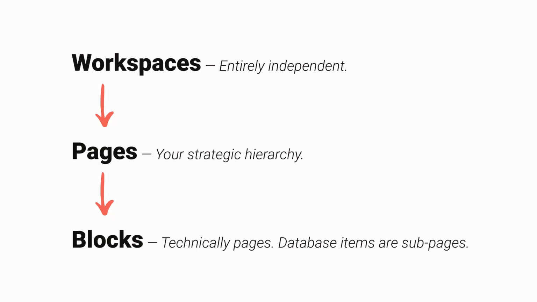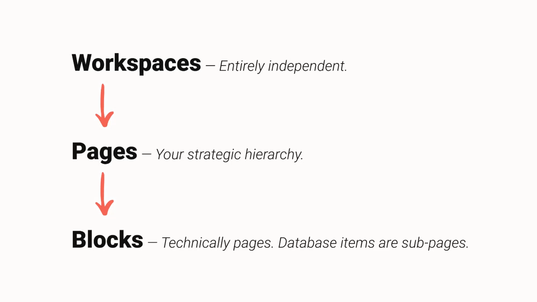Top-level pages live in your sidebar and contain inner pages or child pages, which can have their own children and grandchildren, and so forth. And then within pages are blocks, which are the various types of content you can insert, such as text, multimedia, and databases. And each item in a database is a subpage of the database.